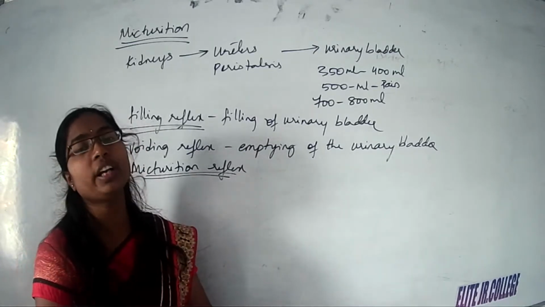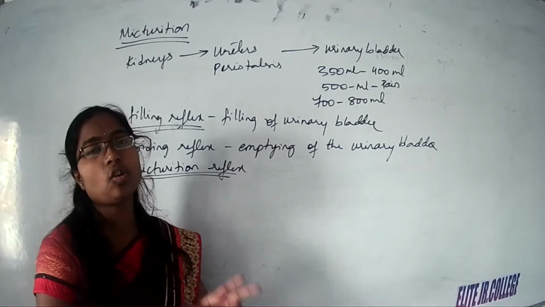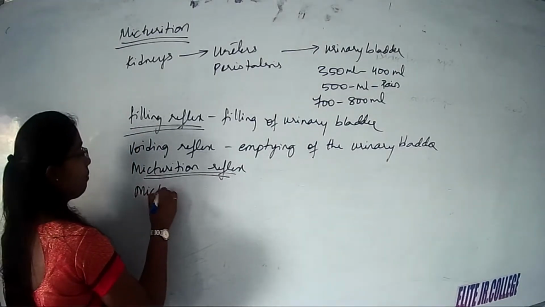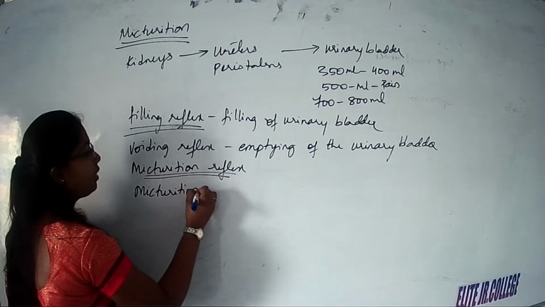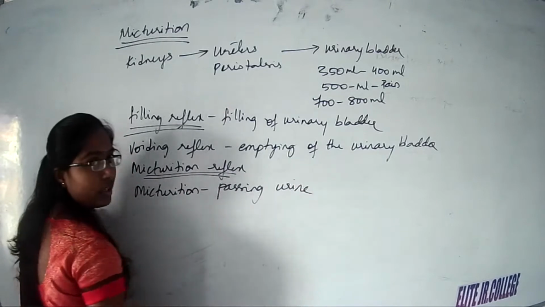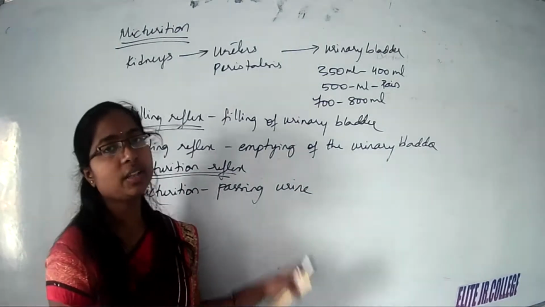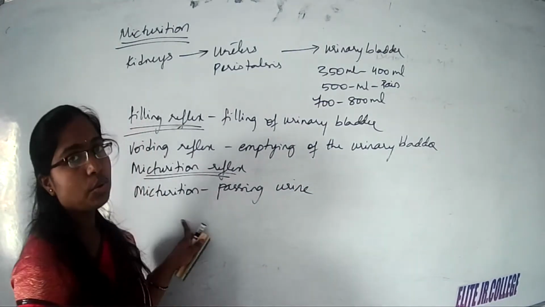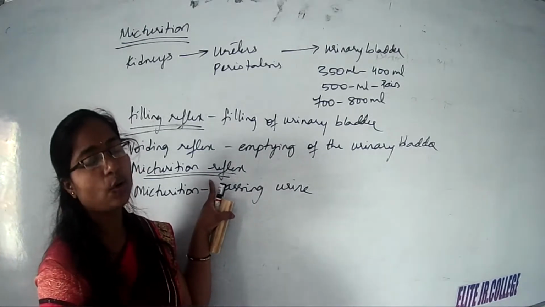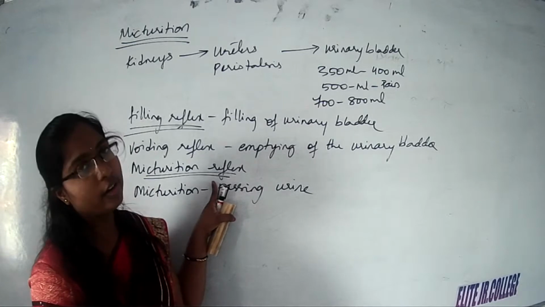The passing of urine outside the body is called micturition. Micturition is nothing but passing of urine outside the body, and it is controlled by the micturition reflex.